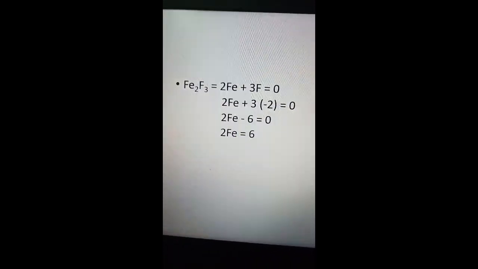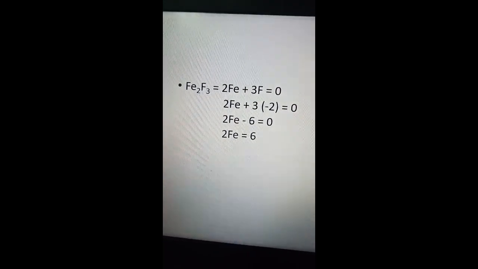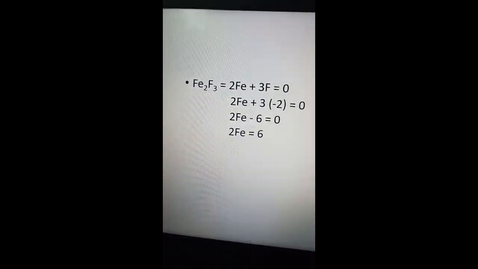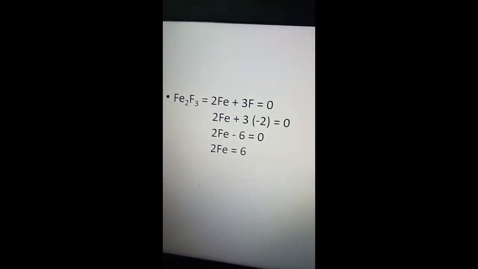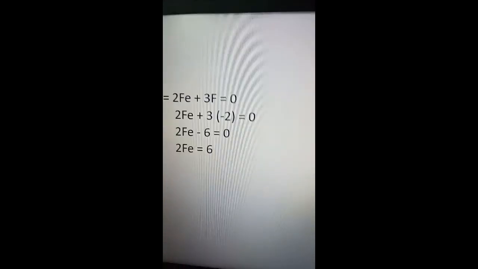And then the next example is Fe2F3, which has 2 iron atoms and 3 fluorine atoms.